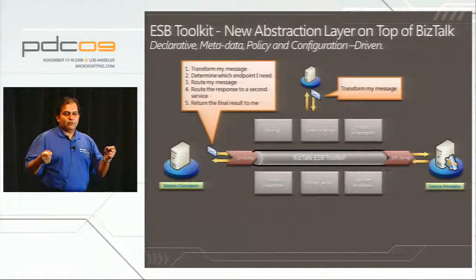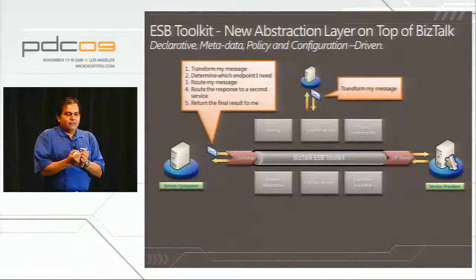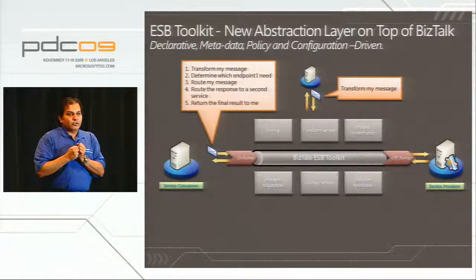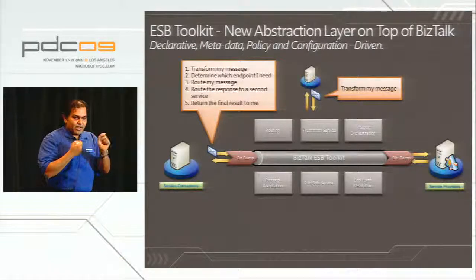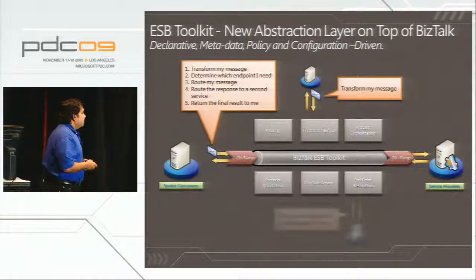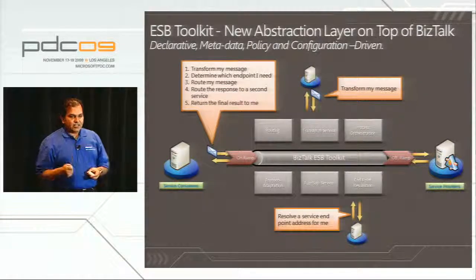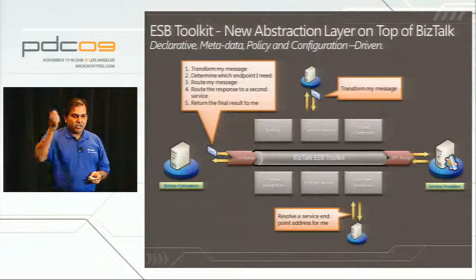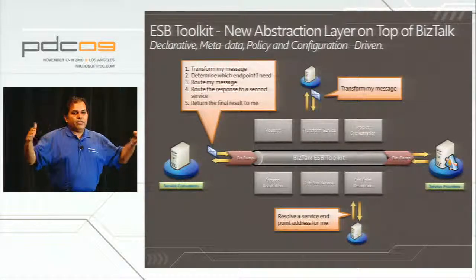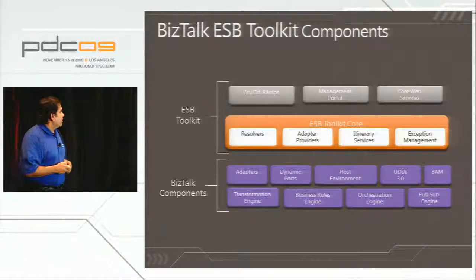With transformation services in ESB Toolkit, we provide an external interface to gain access to the transform engine. So if you want to send a message, just do the transform and get back the result, you can do that. Similarly, you can do the same thing for resolving. If you want to just send a request for endpoint resolution and get back the response, you can do that. So we have exposed a lot of capabilities of ESB Toolkit out to other environments.